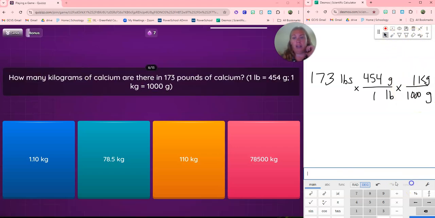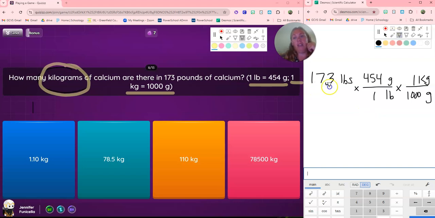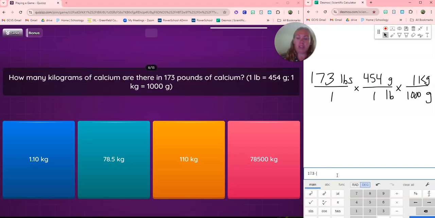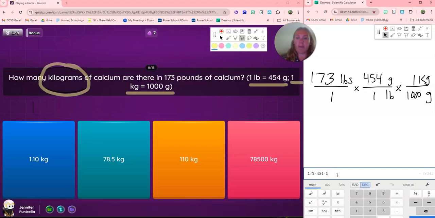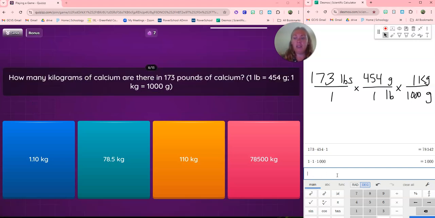Okay. So we're going to clear out the calculator and multiply across. You can just put this one over 1. There's nothing underneath, so you can just put it over 1 to remind yourself that 173 is in the numerator. So we're going to do 173 times 454 times 1. And in the denominator, we have 1 times 1 times 1,000.